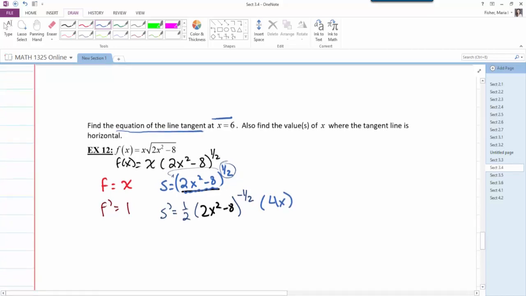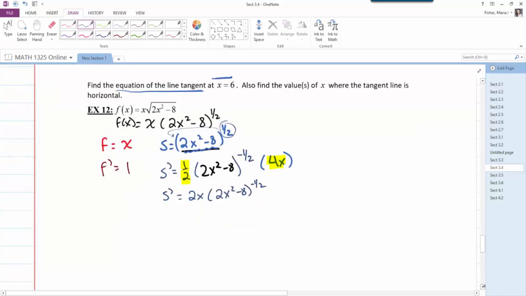And for this one, let's go ahead and simplify, because when you have to do something within a product and then find equations of tangent lines and everything else, it's going to be best to simplify this. So if I want to simplify it, I know that half of 4x is going to end up being 2x. So I end up with s prime is equal to 2x times 2x squared minus 8 to the negative 1/2.